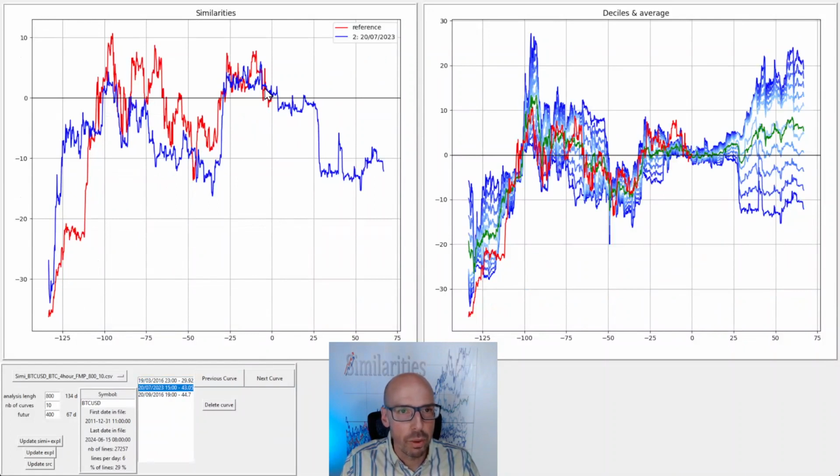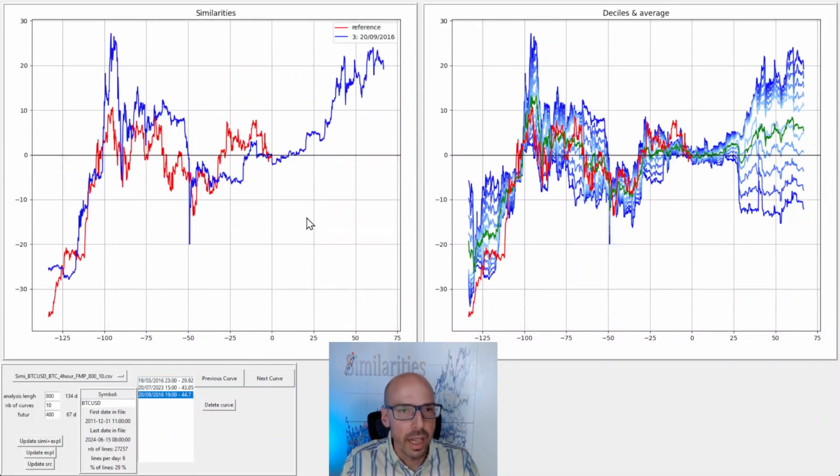In that case, we have low volatility too, but little downward movement, and it goes to the support here. The last one is more or less like the first one, very low volatility going up, and then we go to the resistance here.